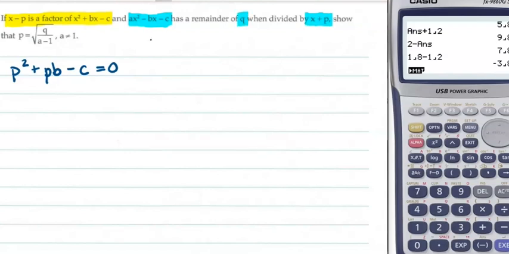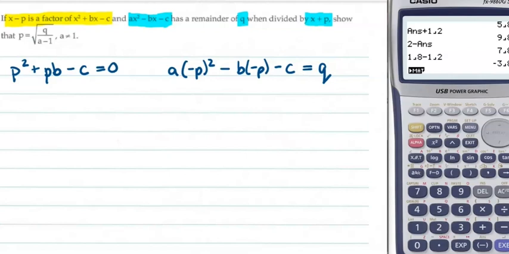So that tells me that if I put negative p in, so negative p squared minus b negative p minus c, we will get a remainder of q. And we're going to need to work a bit of magic to be able to use those two things simultaneously.